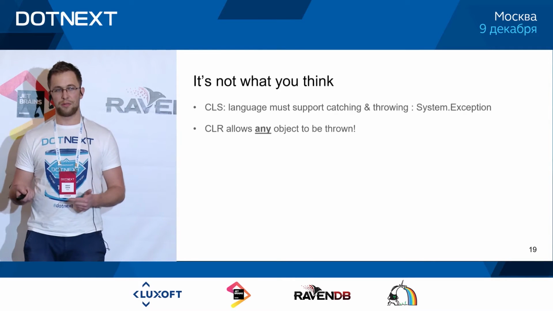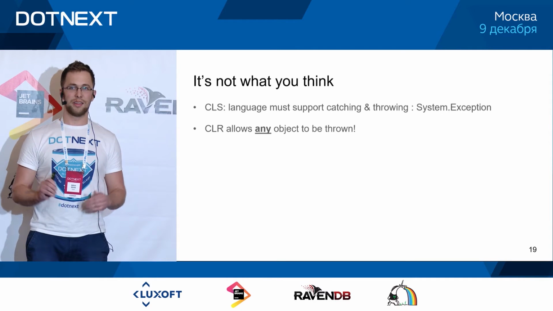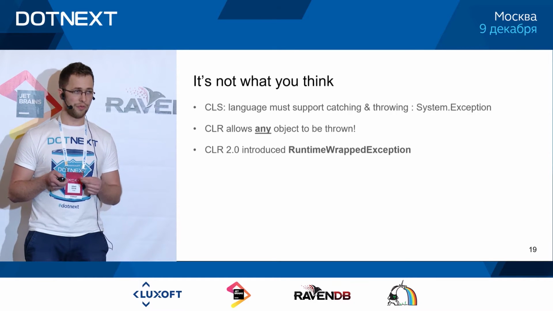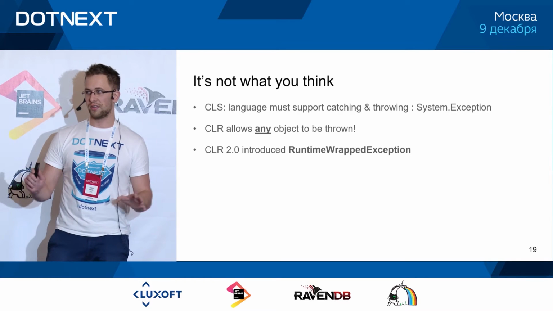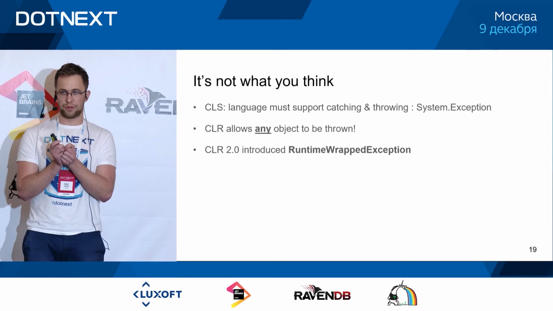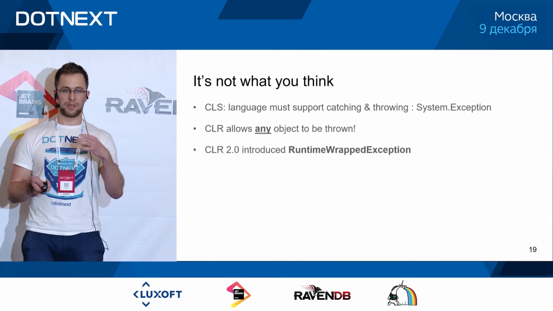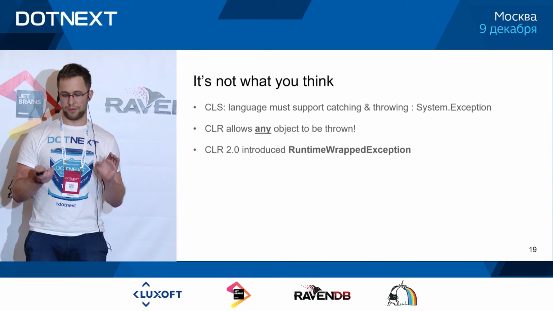And in C++, you can throw anything: integer, DateTime, string. And in .NET, we can do this as well. But the good thing is that if somebody decides to throw anything, .NET is going to wrap it for us out of the box in RuntimeWrappedException.